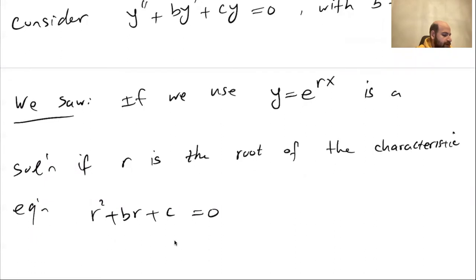Now here b squared minus 4c is less than 0. So this characteristic equation will have two complex roots.